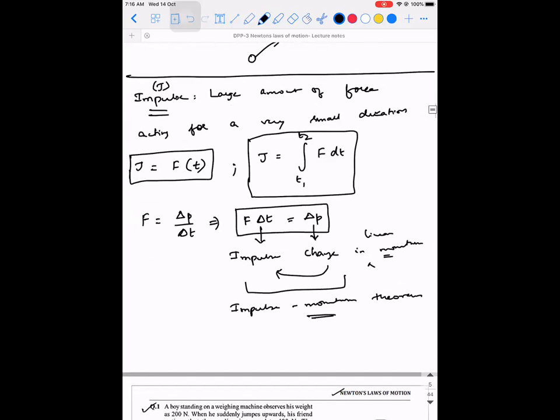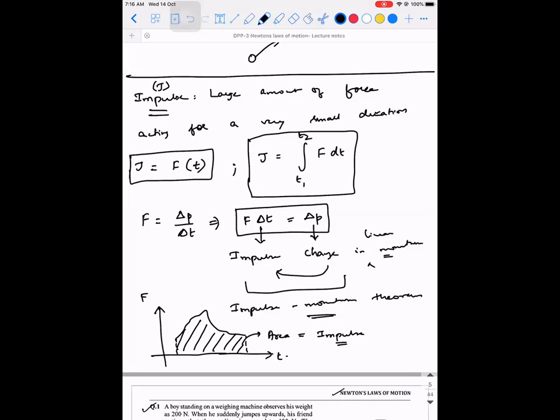And the last important point is, if I draw a graph between force and time, then the area under this graph is going to give us the impulse.